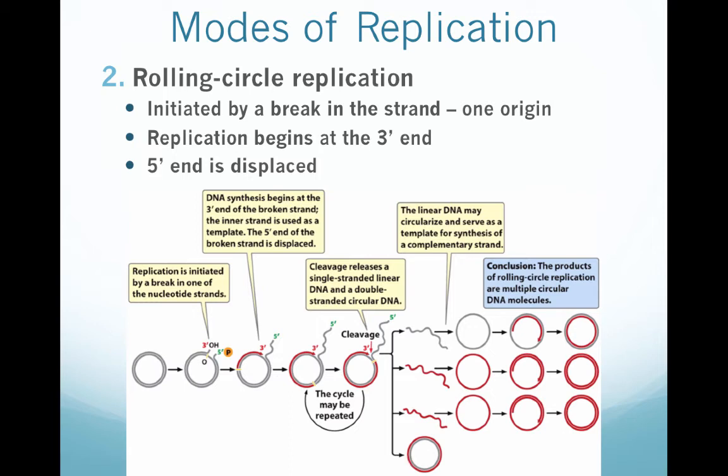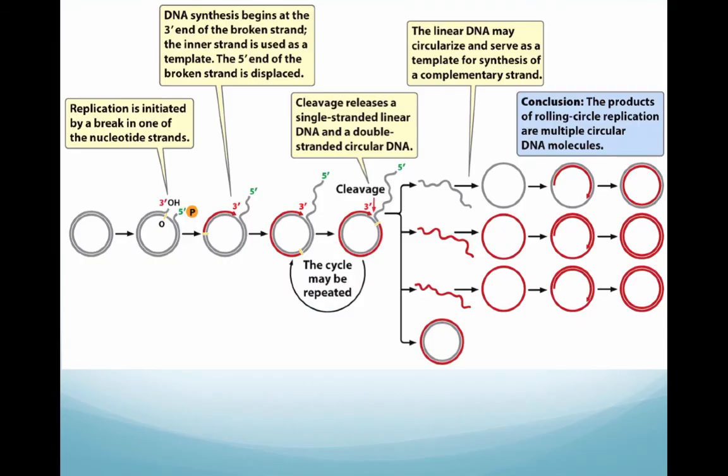So one thing that is important and where we get our 4th product from is this newly synthesized strand actually has the ability to go through the cycle again and be repeated as well. So that is rolling circle replication. Again, it still occurs in bacterial models, but it is definitely a different mode of replication compared to theta.